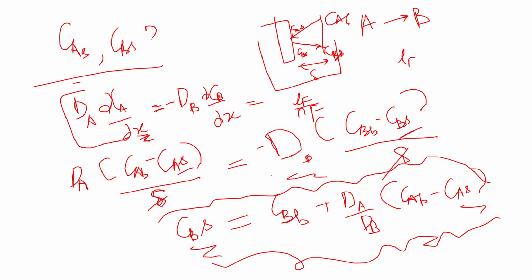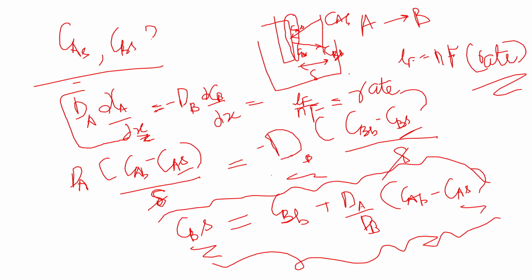We know IF equal to NF into something. What is that? We write it as rate, forward minus backward. The same thing. Here they have just rearranged and said IF by NF, which is nothing but the rate. We are talking at x equal to 0.